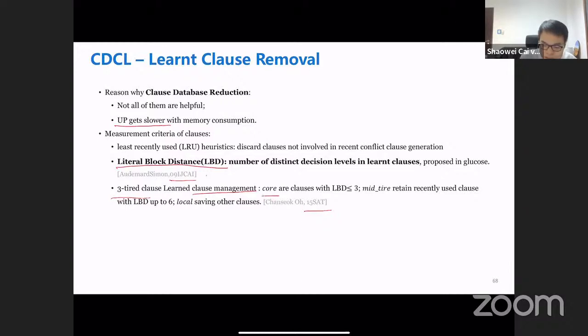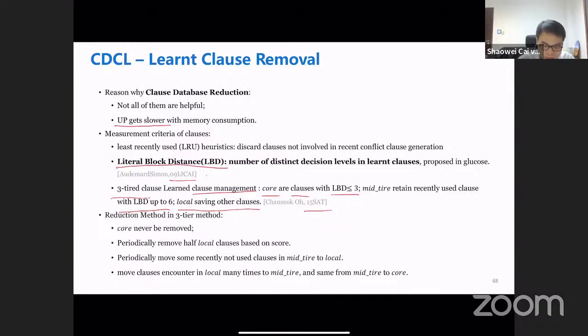In the core tier, we have the clauses with LBD smaller than or equal to 3, and these clauses are considered the most important. In the middle tier, we have clauses with LBD smaller than 6. They might be useful. The remaining part is called the local tier.